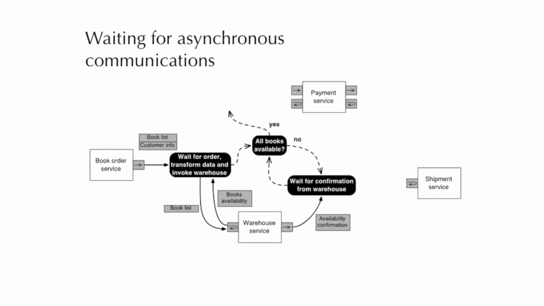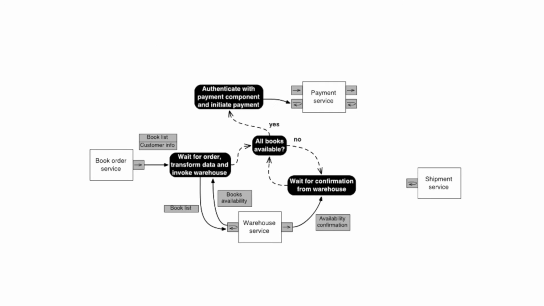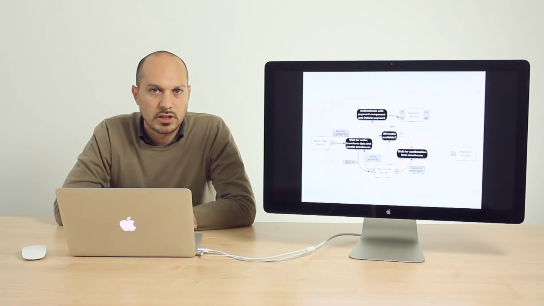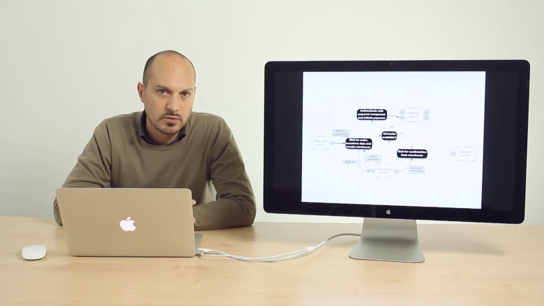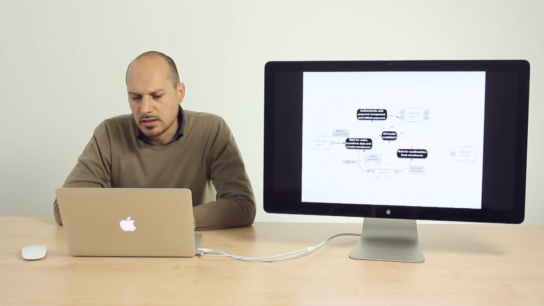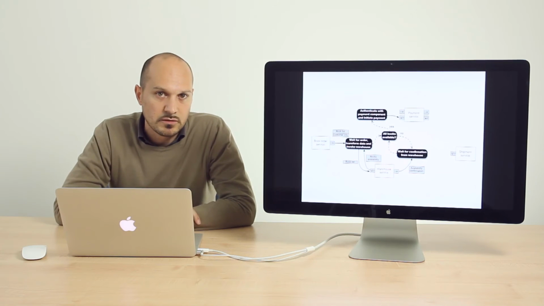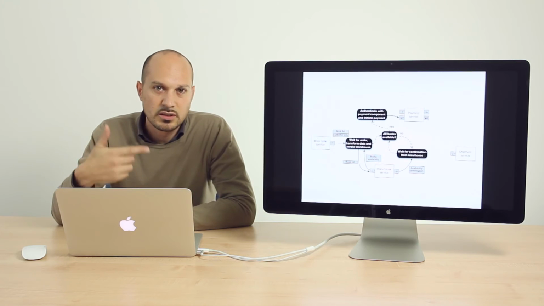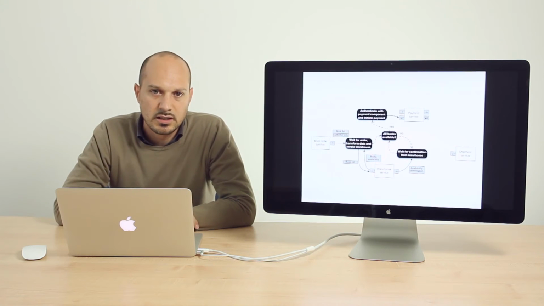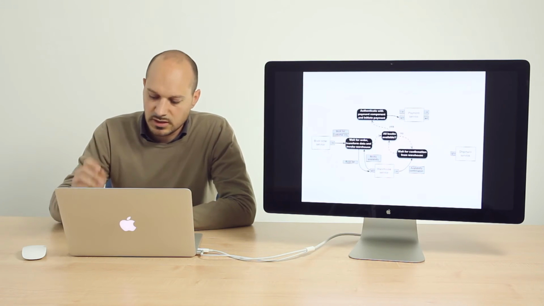If instead all books are already available, we can go on and authenticate with the payment service, and start processing the payment. Apparently, this sounds like a very simple or common invocation of a web service. In practice, especially with payment services, this is not so easy, and the authentication typically requires not just one step but several steps of interaction with the service.